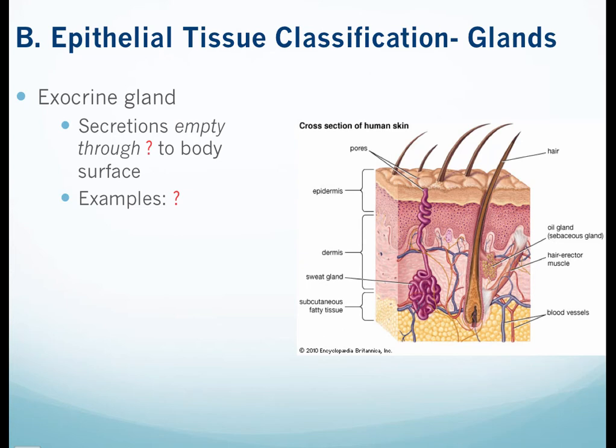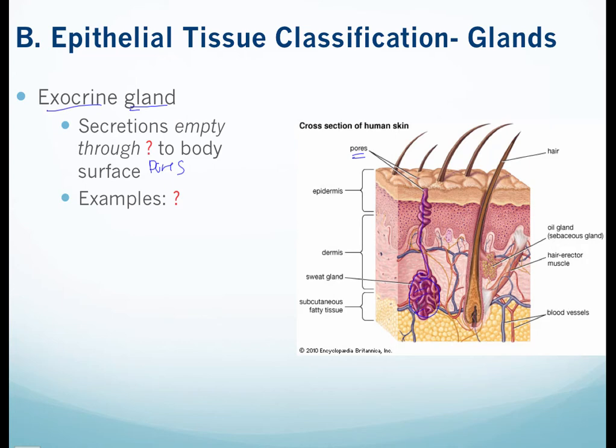Okay, now other modifications to this epithelium, we have our glands, and I'll mention these briefly. Exocrine glands are glands that secrete through pores to the body surface. And so here we have a pore. This is an exocrine gland. It's going to secrete its contents directly to the surface of our skin.